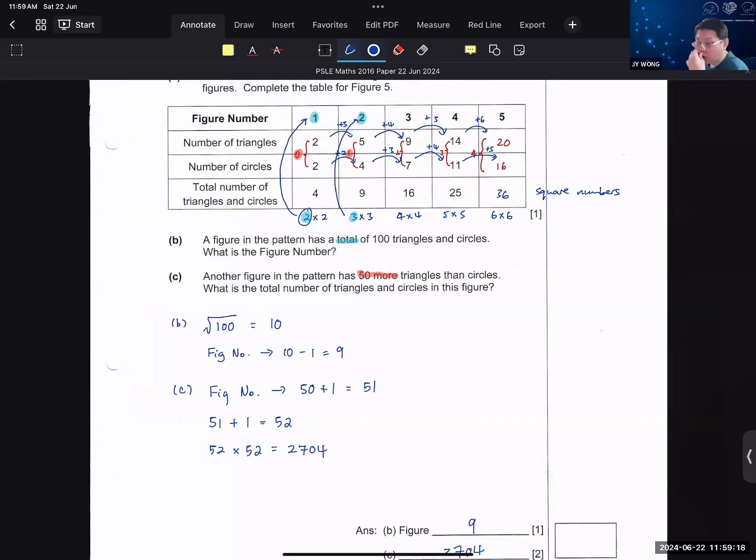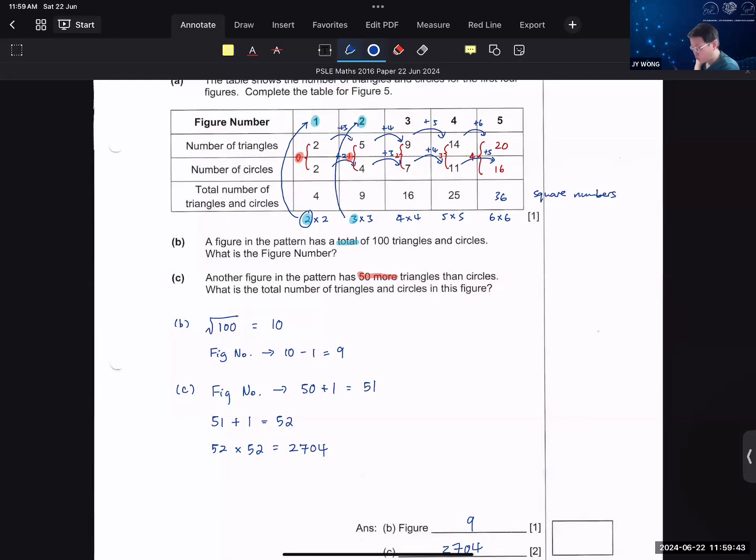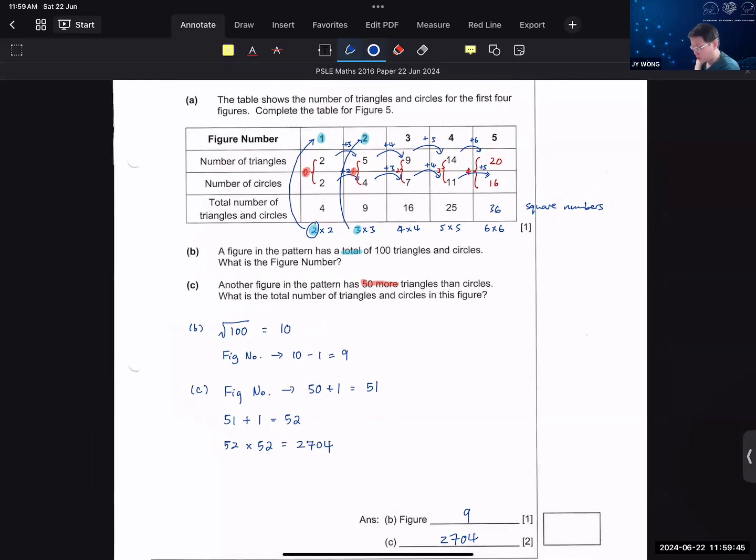So be very, very careful. This is an example of a pattern that requires you to compare the difference between the two things, which was tested again in 2019, like I mentioned. PSLE questions repeat themselves in terms of what they test you. So always treat your PSLE practices seriously.